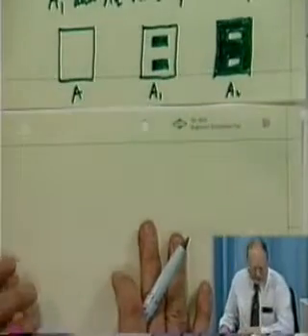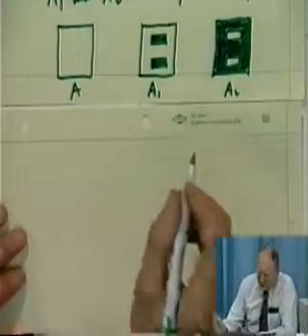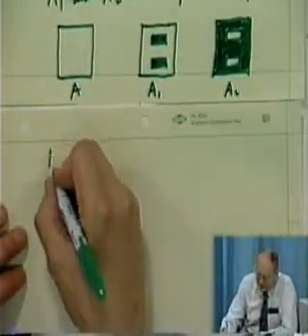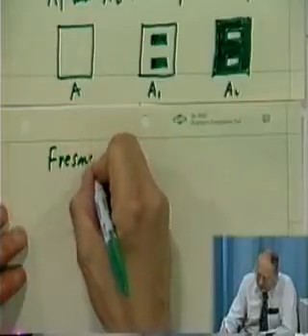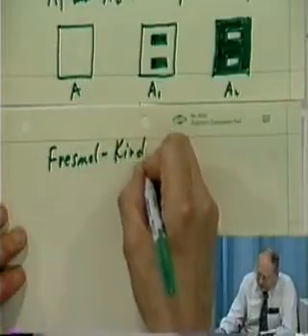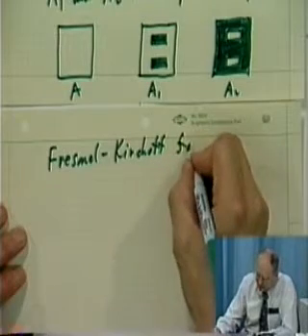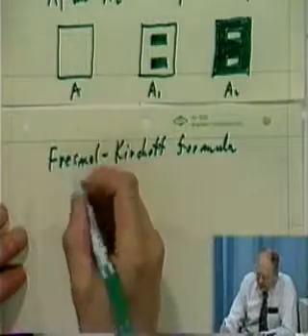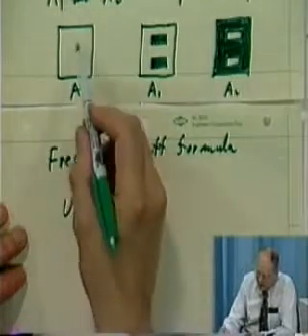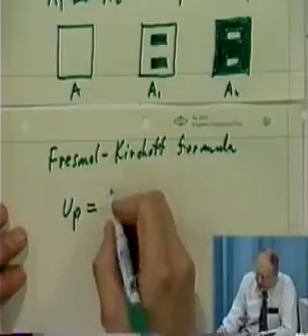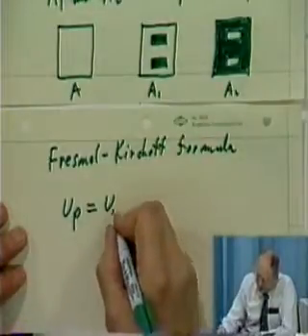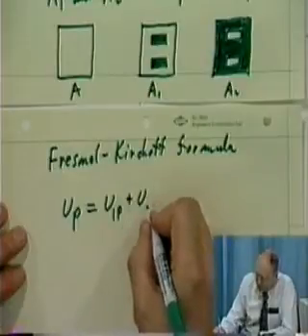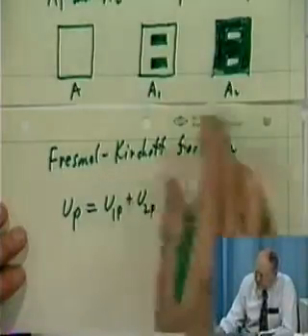But this is the reason. If we go to either Sommerfeld or Kirchhoff, I don't care which, so let's say the Fresnel-Kirchhoff formula, it becomes clear that the disturbance produced by this aperture is equal to the disturbance produced by A1 plus the disturbance produced by A2. Okay?